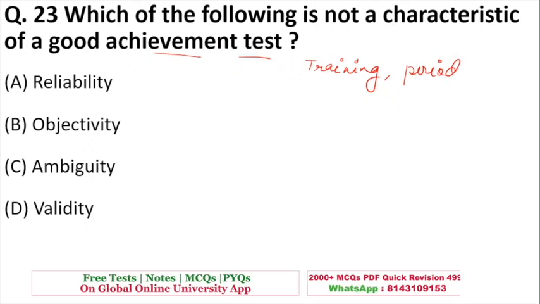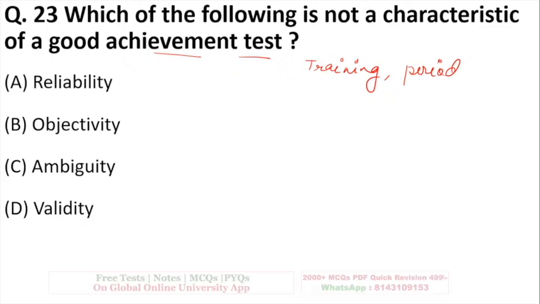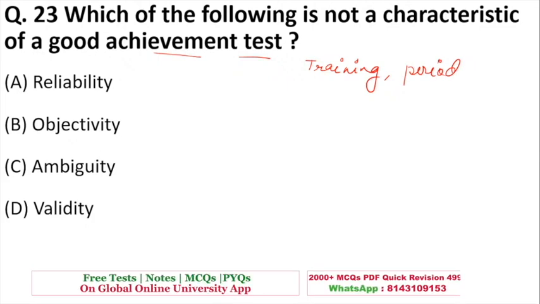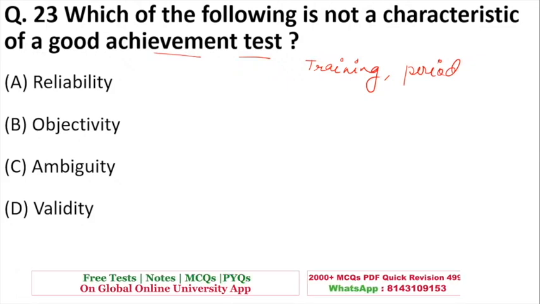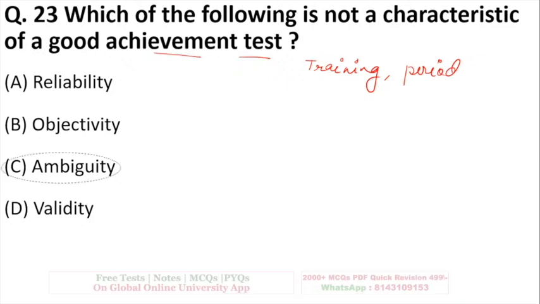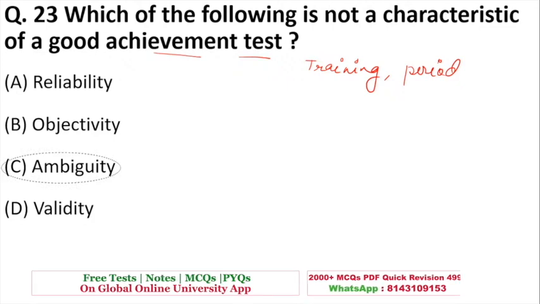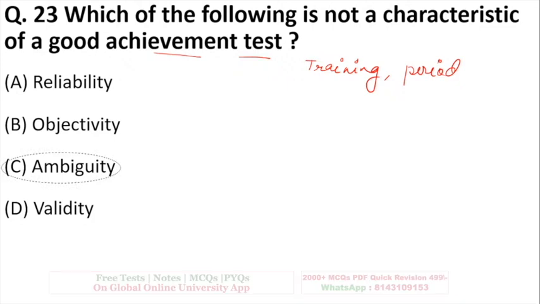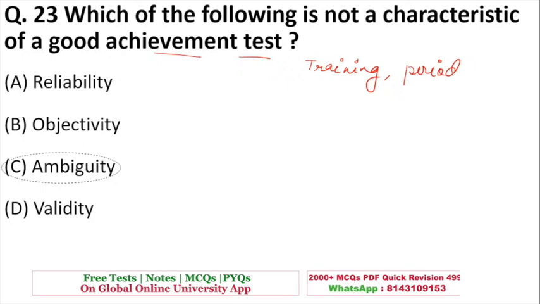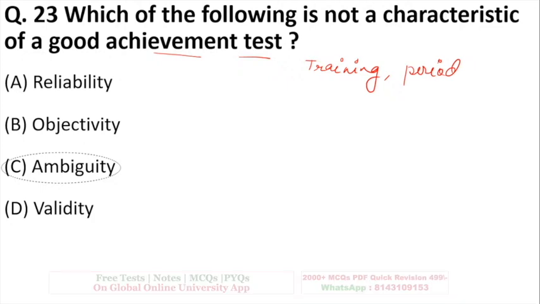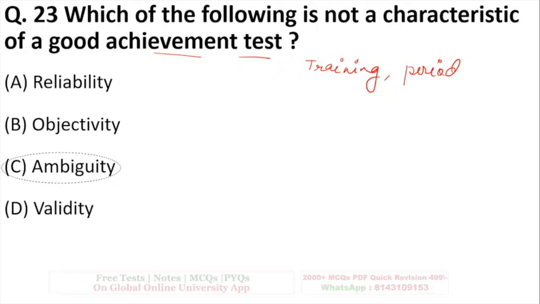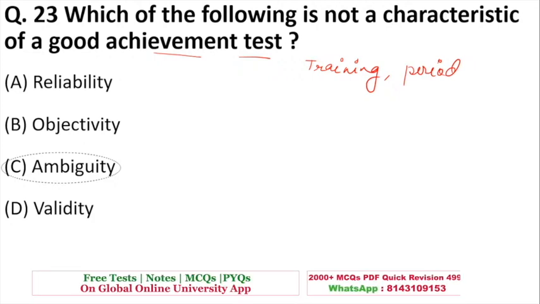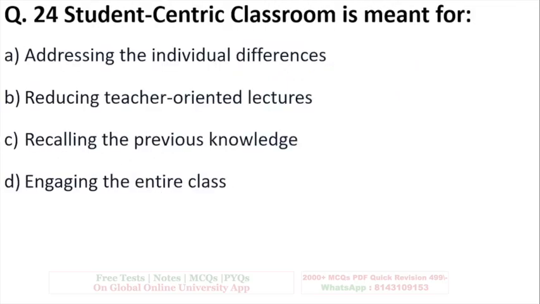So a good achievement test has certain characteristics. Which of these is not a characteristic of a good achievement test? So ambiguity is having more than one answer. Okay, that quality which is something not exact. Ambiguous is having more than one answer. So C is your right answer.